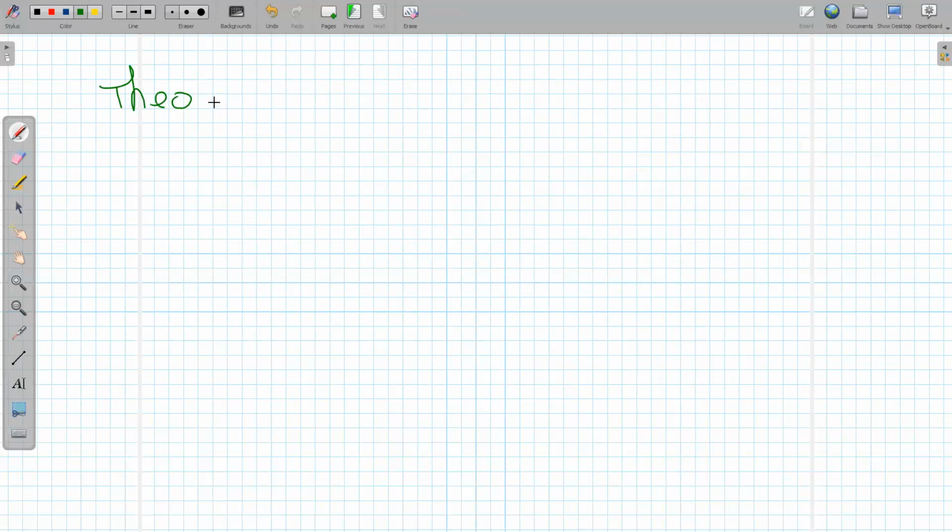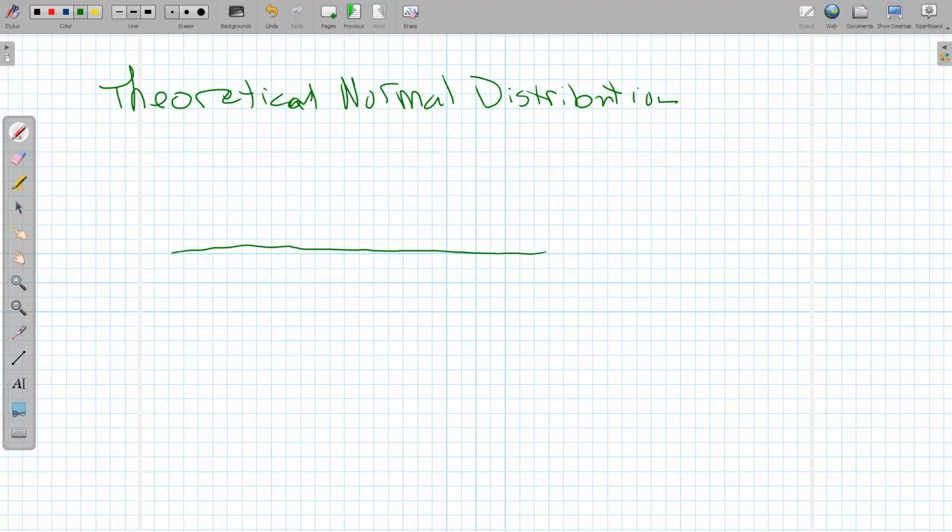So this is the idea of a theoretical normal distribution. And so that's anytime I draw out this smooth curve right there.